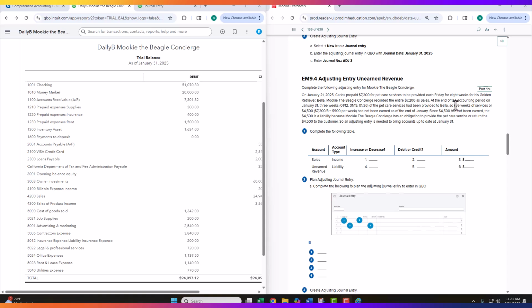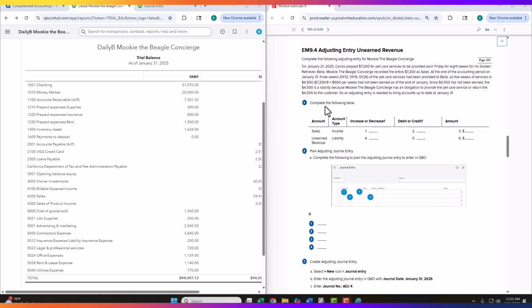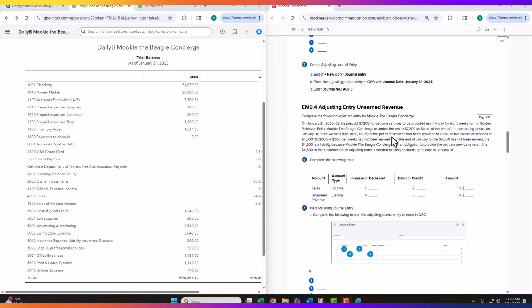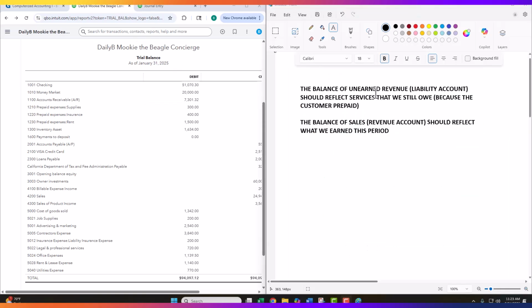So then the text goes on and says, as of the end of the accounting period on January 31st, the day that we're doing all these adjusting entries, 3 weeks of these pet care services had been provided to Bella. So we need to make an adjusting entry accordingly. With respect to this adjusting entry, we have 2 accounts.